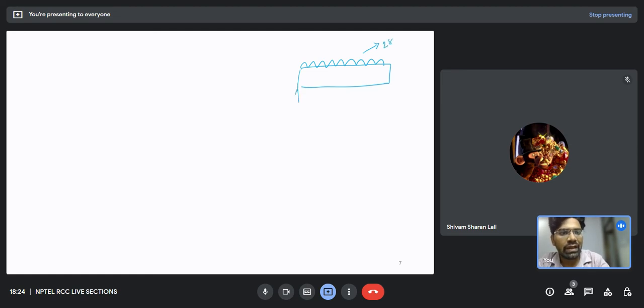It is a simply supported beam, so I will have 28 into L by 2 here, and here also 28 into L by 2. And at what section from the support will my moment be 73.5? So this is X. Now you can easily find at what distance it will be 73.5.